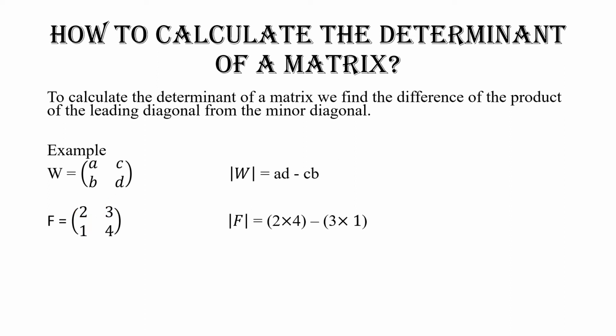To find the determinant of matrix F, the leading diagonal is 2 times 4, which gives us 8, and you subtract from that the product of the minor diagonal, 3 times 1, which gives us 3. Ultimately that leaves us with the determinant of 5. So the determinant of matrix F is 5. And that's really all there is to it.